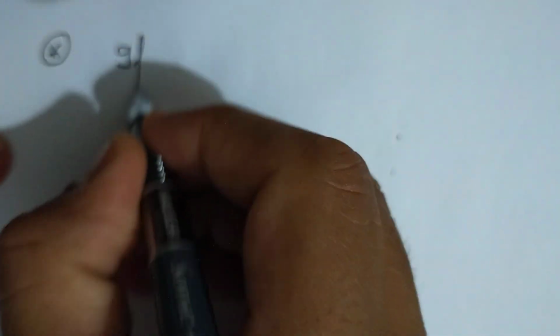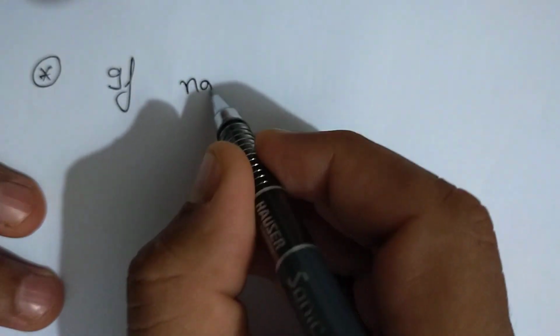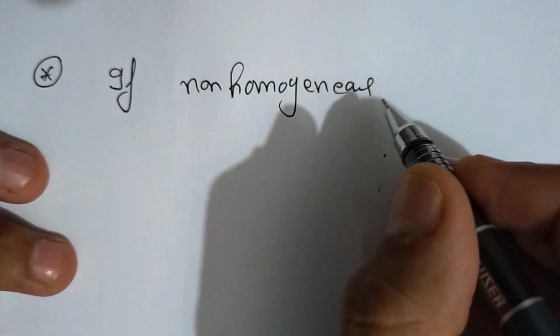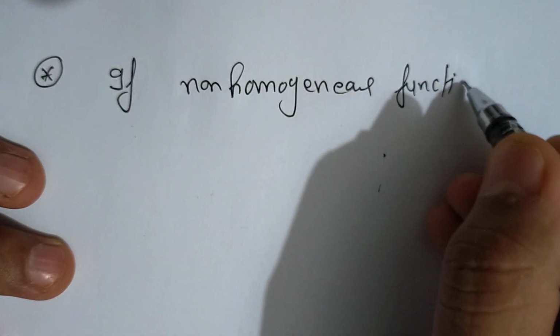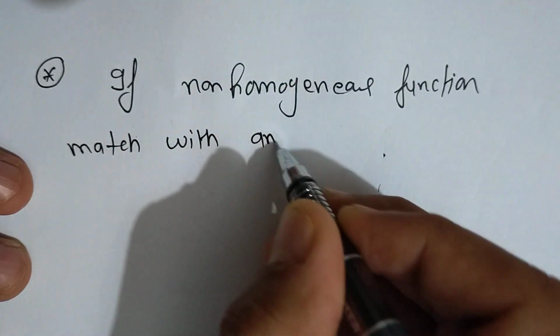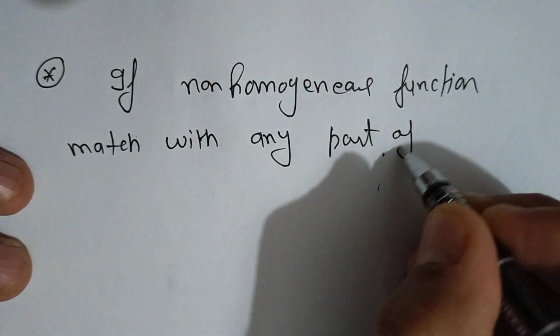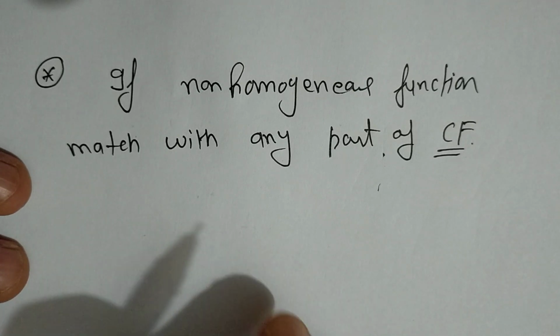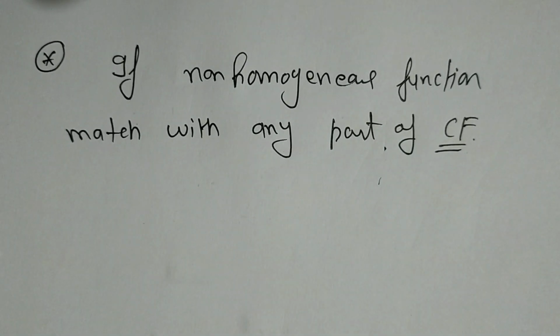Now one more point we have here: if the non-homogeneous function matches with any part of the complementary function, then we need to modify the trial solution a little.